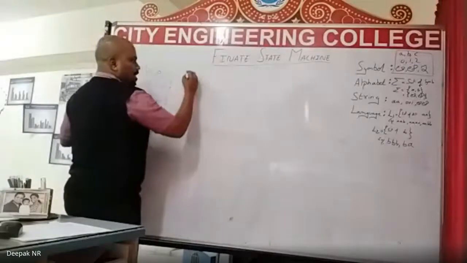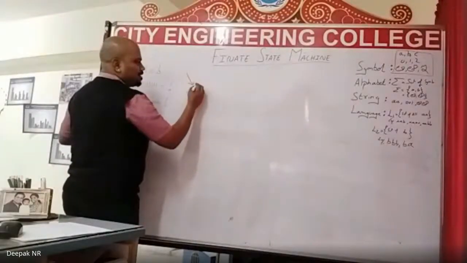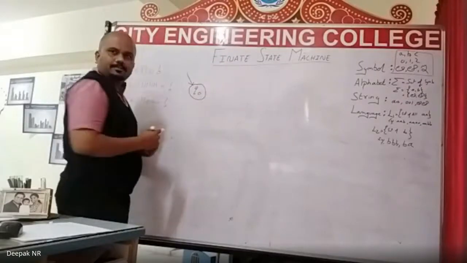For example, first and foremost, the default is that I write it as Q0. Clear?